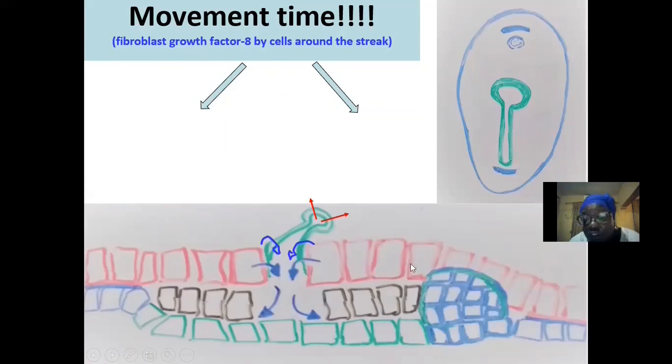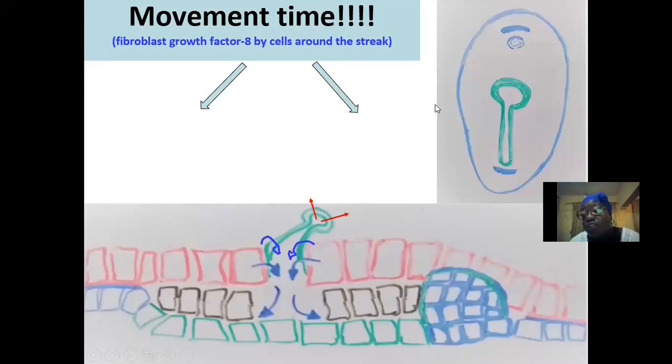This fibroblast growth factor 8 will help to break down these junctions so that the cells now have the capacity to move, and they become very mobile. So they now have the strength to move from this layer and run to different regions of the embryo.